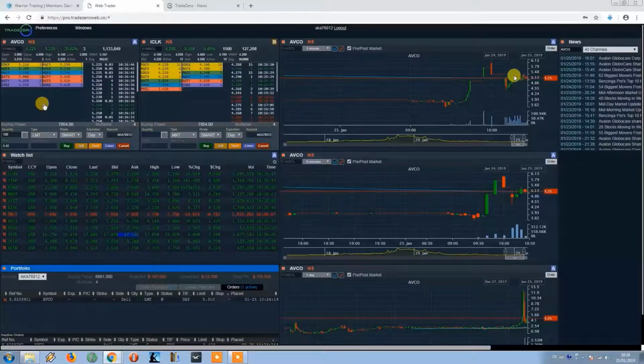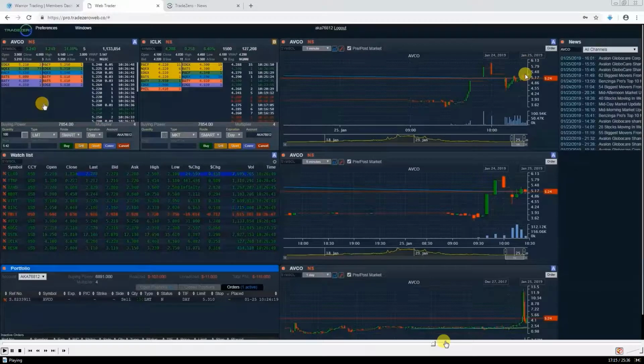So this was my first two trades, on the second potential stock that I was watching. And this is the big bad news: I lost $150 on this one. Moving on to the next one.